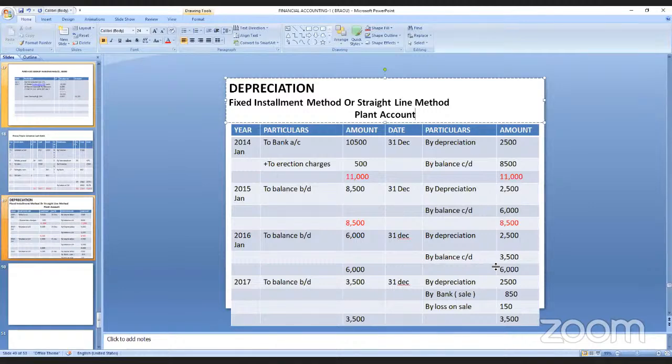Did you all note down? So I'm sending the one question, same as what I have given.